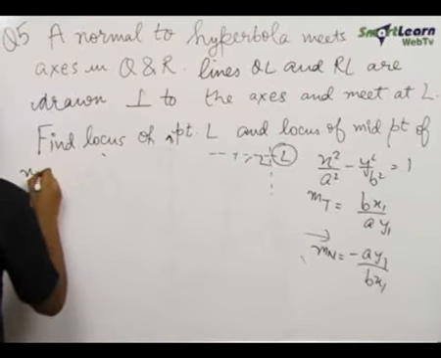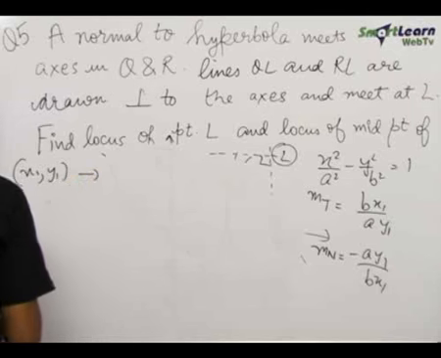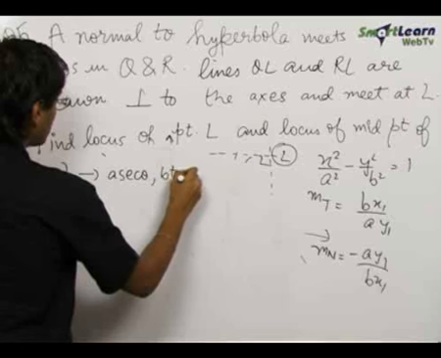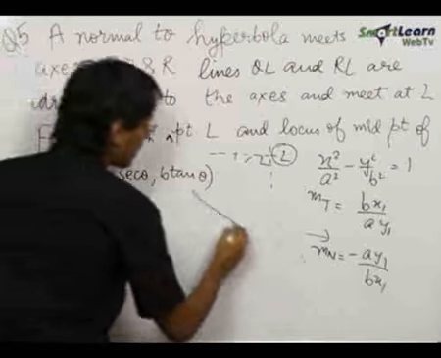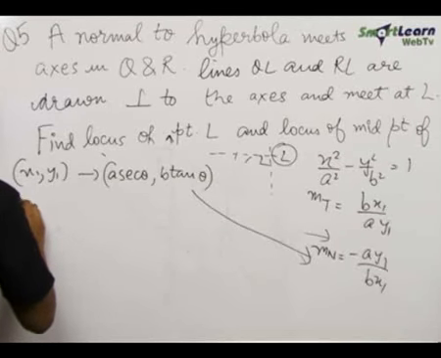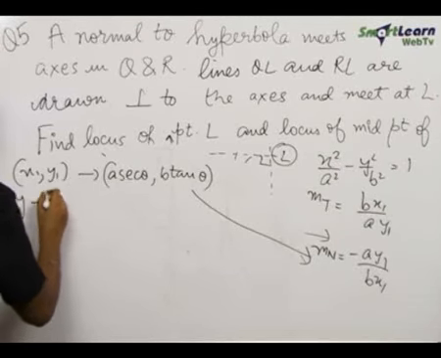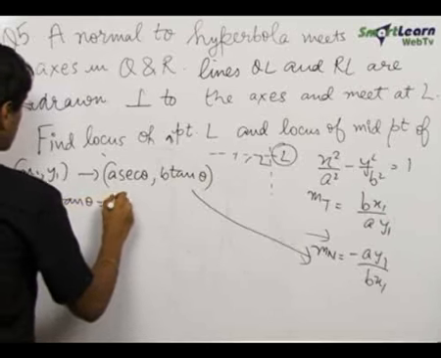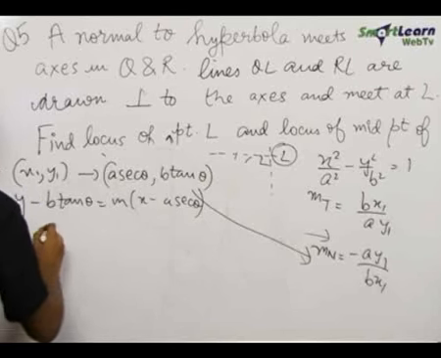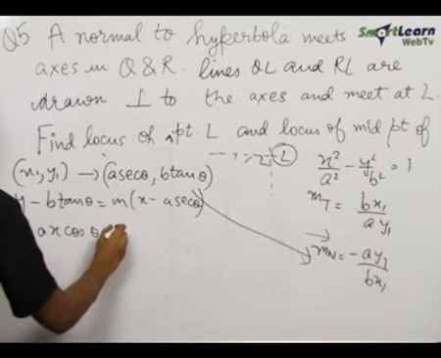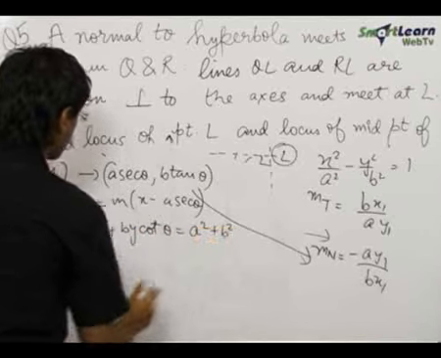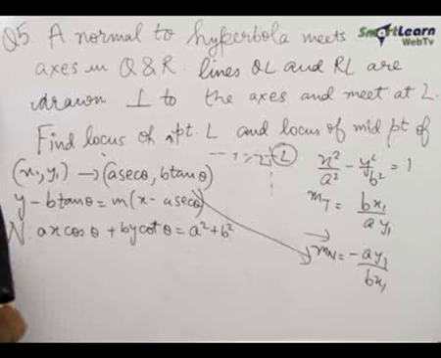If we take x1 comma y1 to be equal to the point a sec theta comma b tan theta and substitute it over here, then we can get the slope of normal in terms of theta, and hence we can write the equation of normal as y minus b tan theta is equal to slope times x minus a sec theta, which can be simplified to get ax cos theta plus by cot theta is equal to a square plus b square. This is the equation of normal.